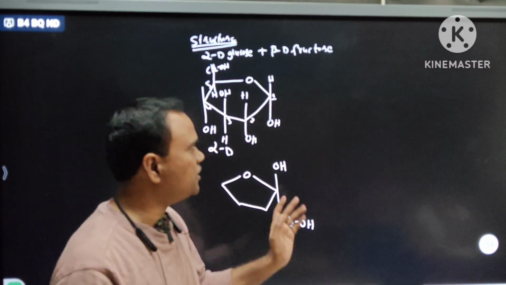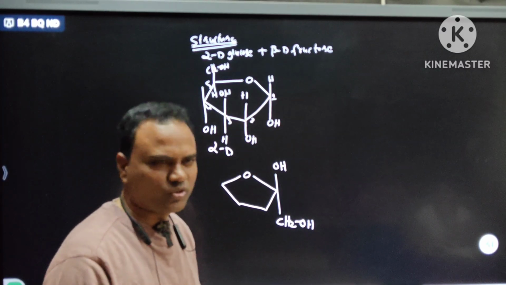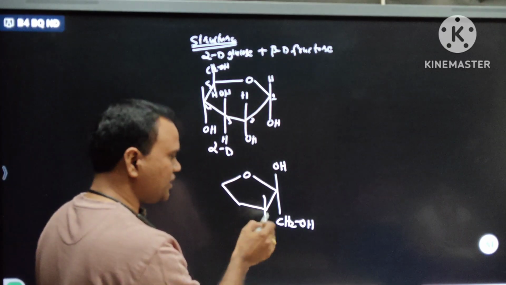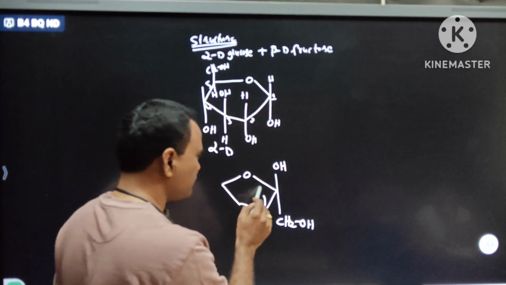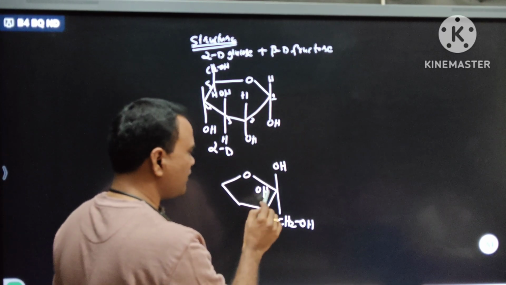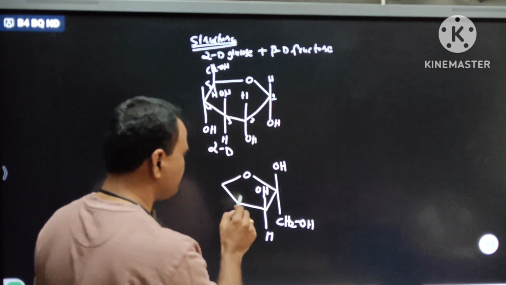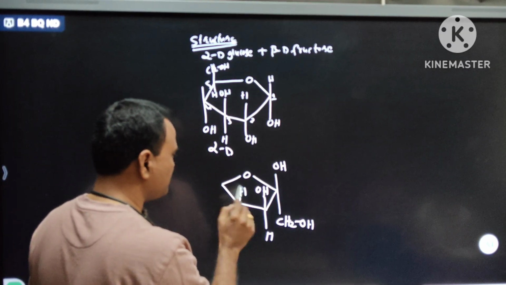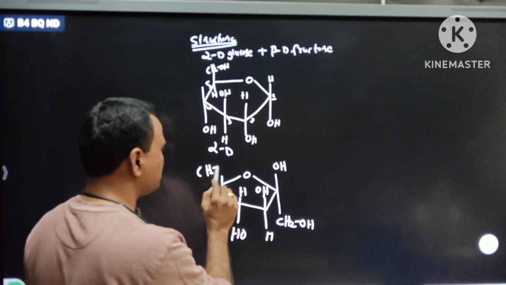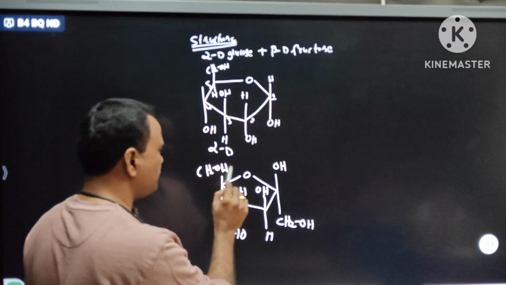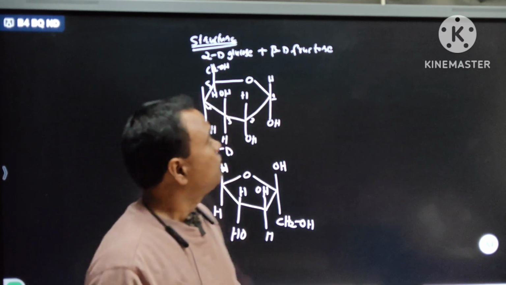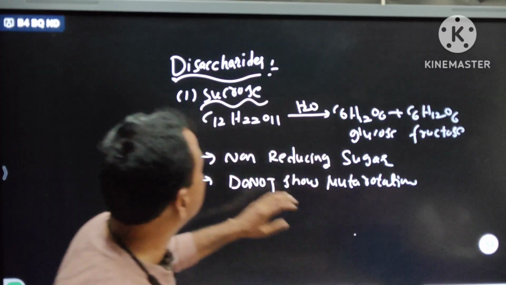I'll tell you what that link is. At the 4th carbon, is this OH down or up? Up. Opposite. At the 5th carbon? Always up. Right.